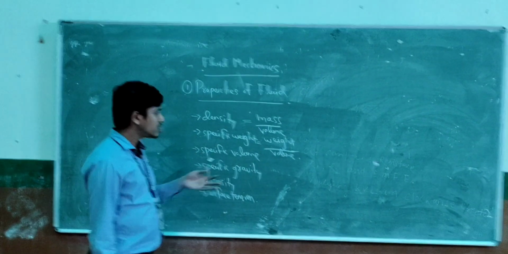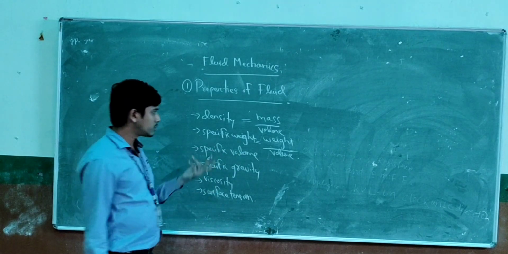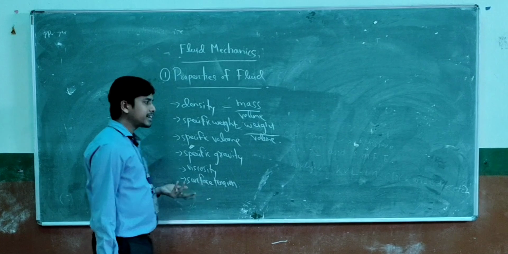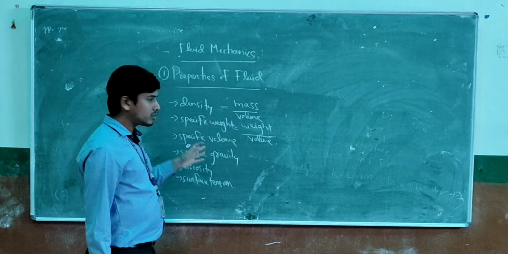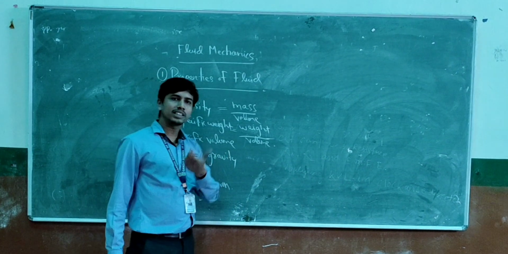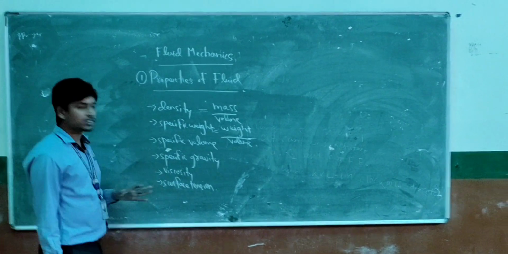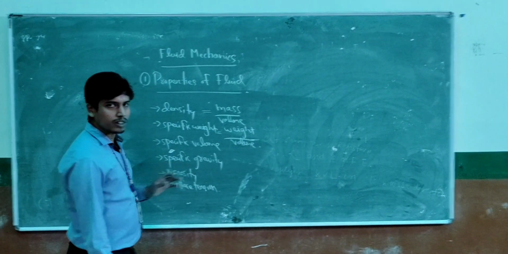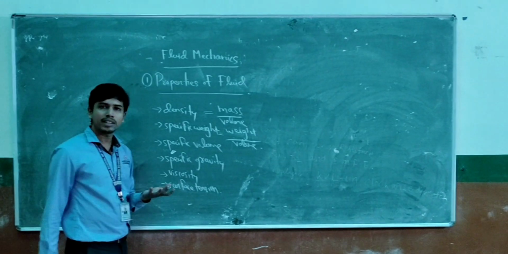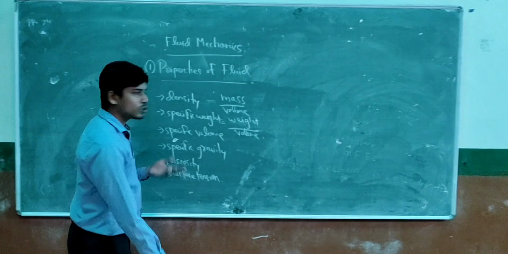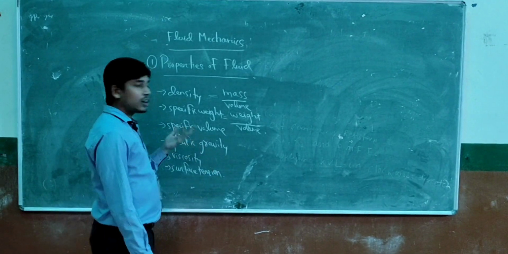But generally in day-to-day life we speak the unit of weight as kilogram or gram, but actually that symbolizes kg force, which is the actual unit of weight. We speak it as kilogram or gram, but that is not the actual unit of weight. The actual unit of weight is kilogram force.